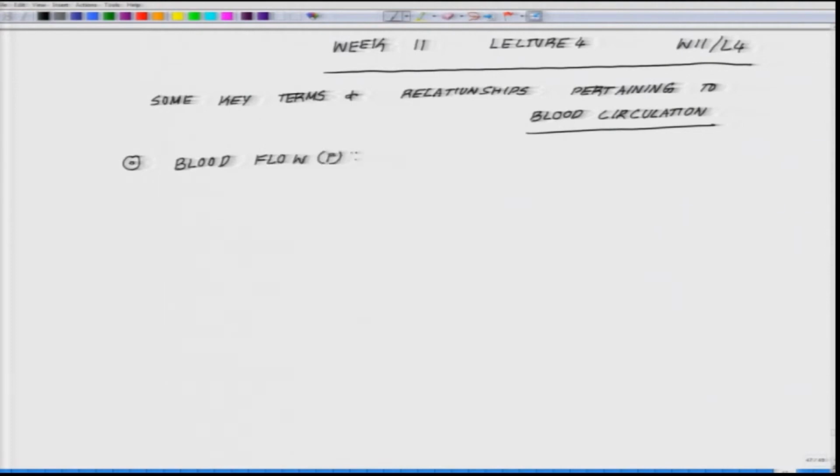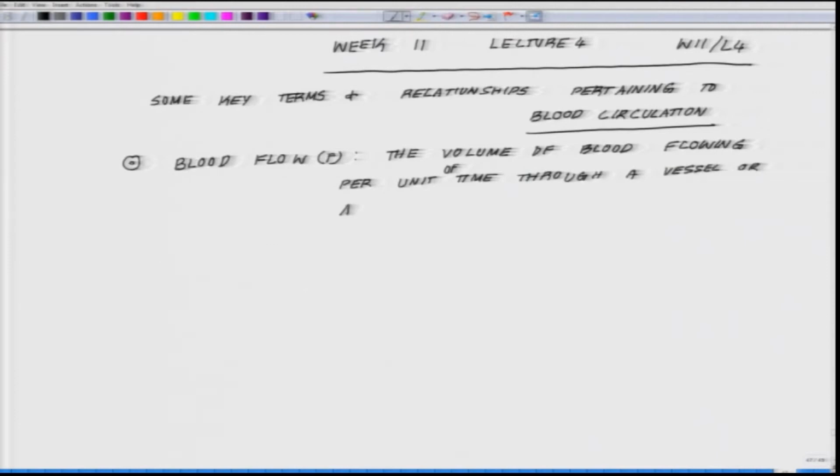Denoted by F, the volume of blood flowing per unit time through a vessel or a group of vessels.